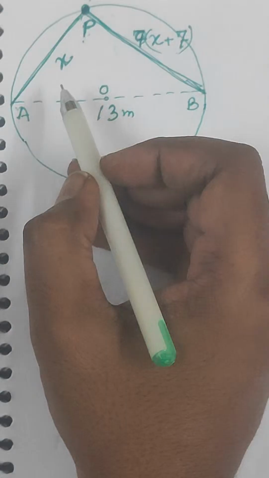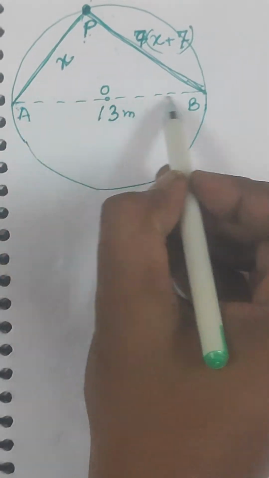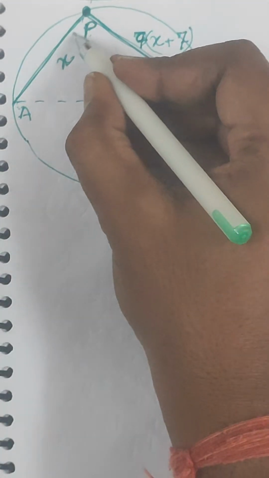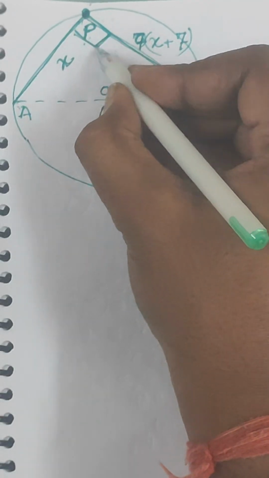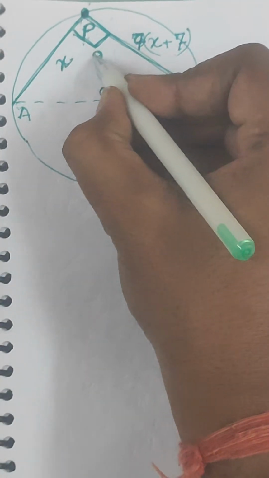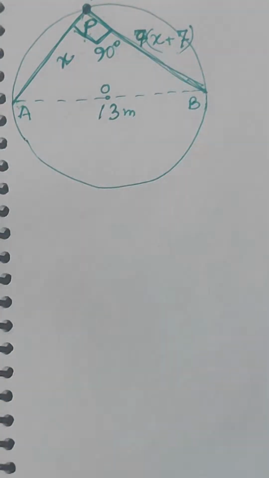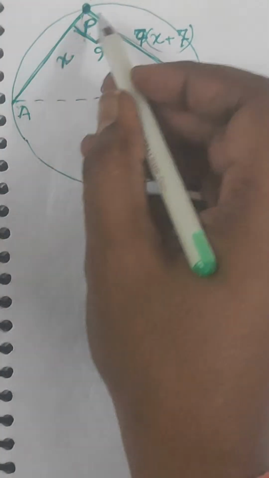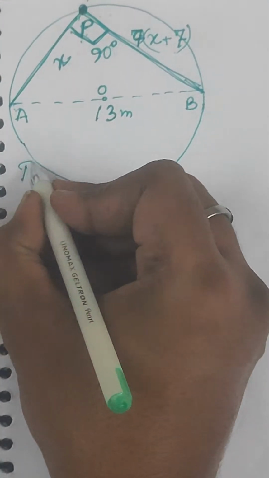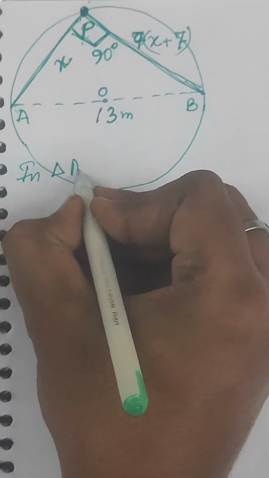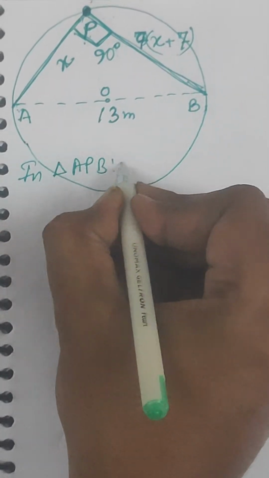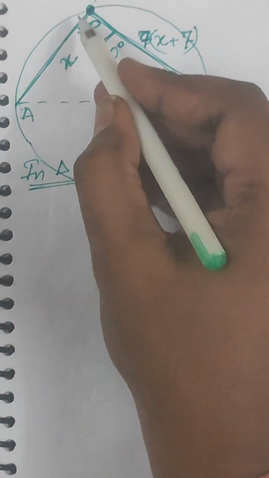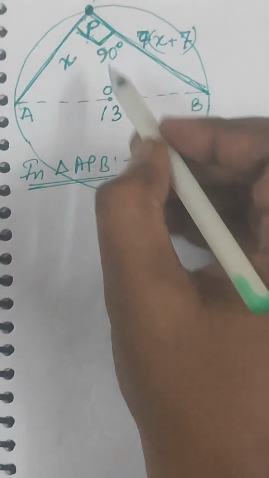So we can say that APB is a triangle in the semicircle, and this angle is the angle in the semicircle, which is 90 degrees. So you can see in triangle APB, this is an angle in the semicircle which is 90 degrees.